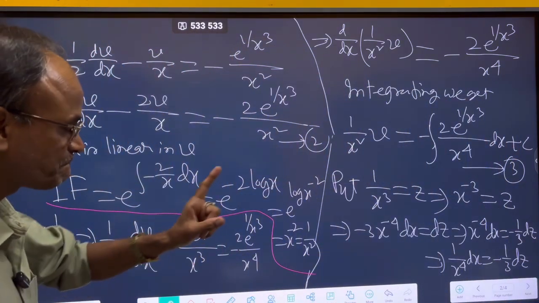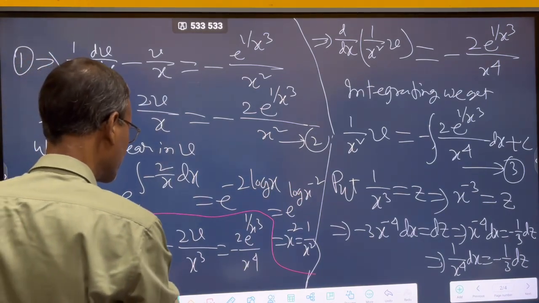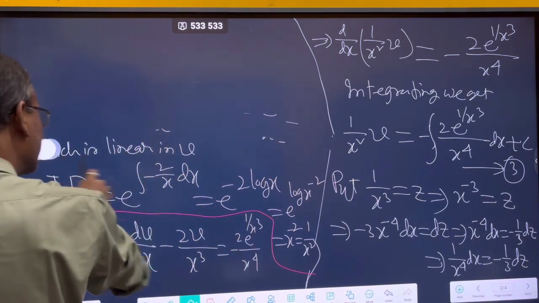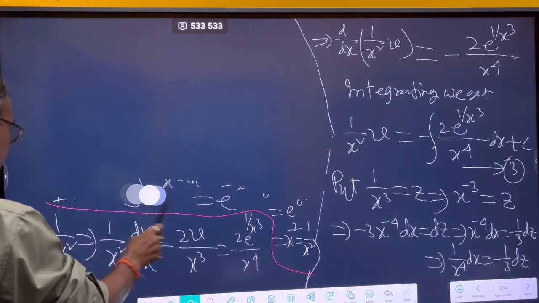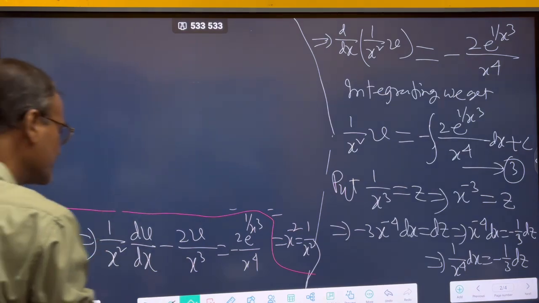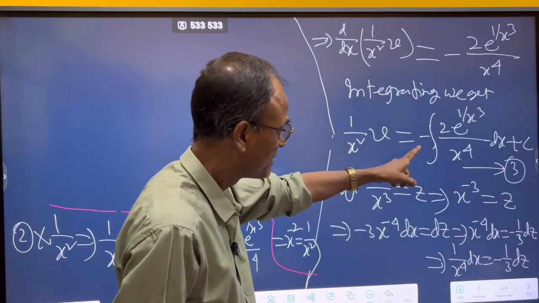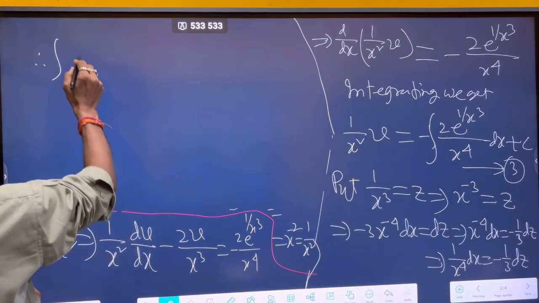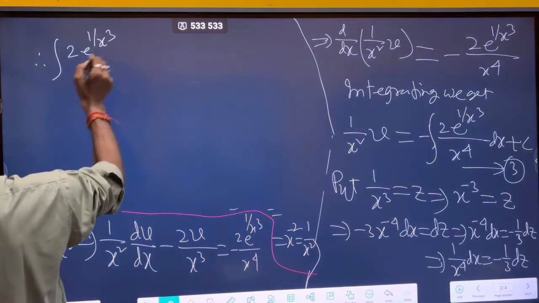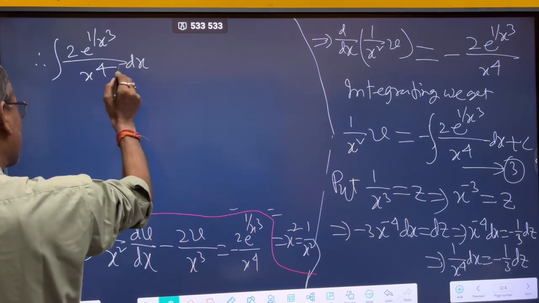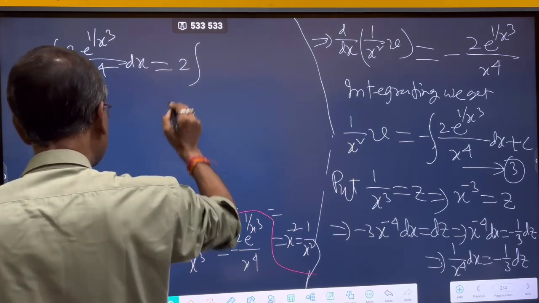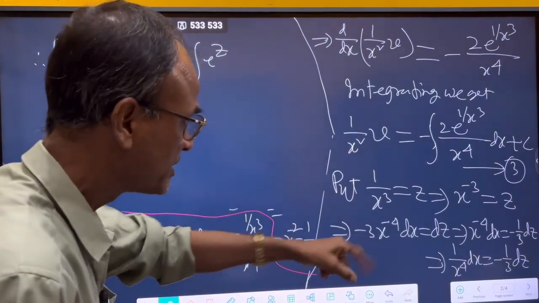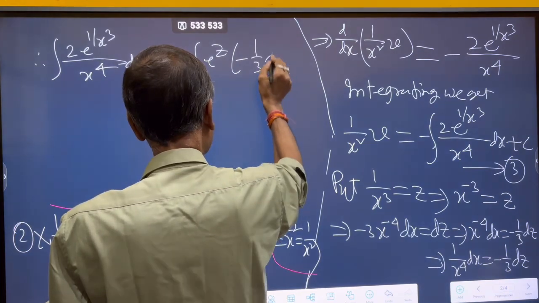Therefore, the integral of 2 times e to the power 1 by x cube divided by x to the power 4 dx will be equal to 2 times the integral of e to the power z, times minus 1 by 3 dz.